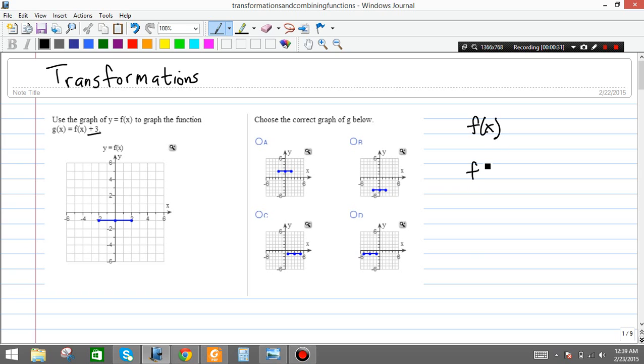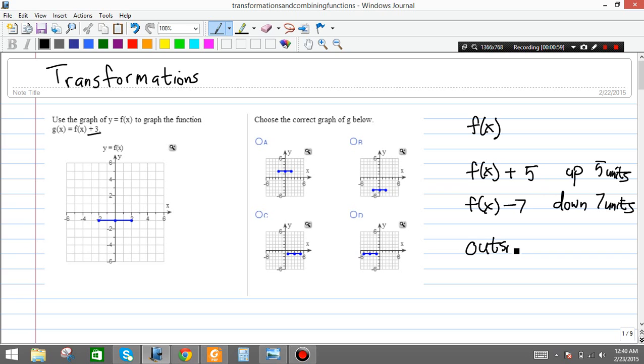And here is the first rule: if I give you f of x and then I write f of x plus 5, it means up 5 units. You move the graph up 5 units. If it was f of x minus 7, it would be down 7 units. And so the thing to remember about this is that when the number is added on the outside of the function, it's up, down.